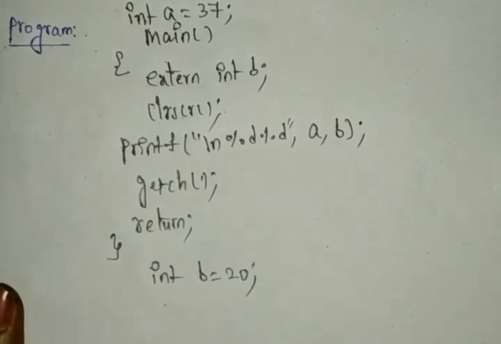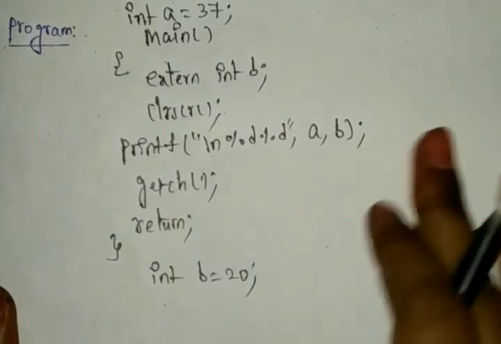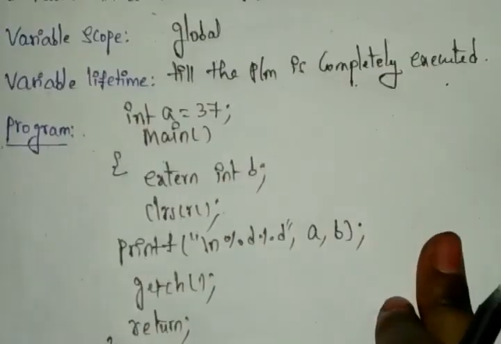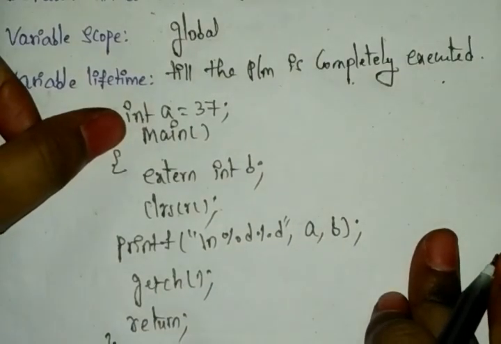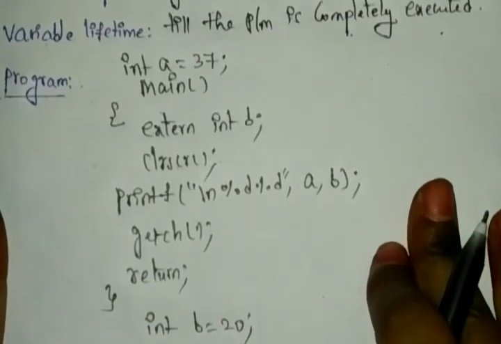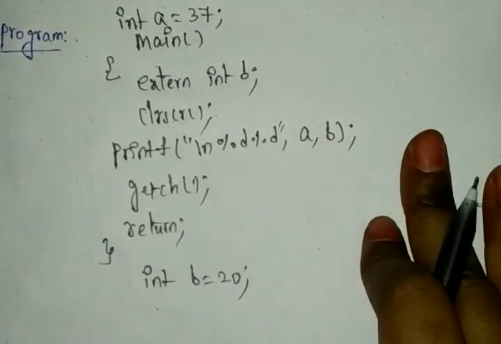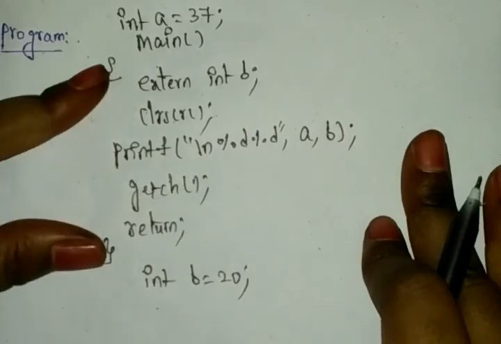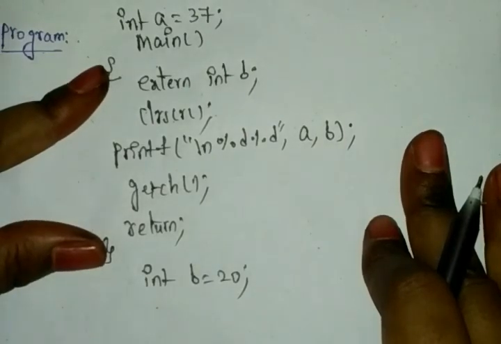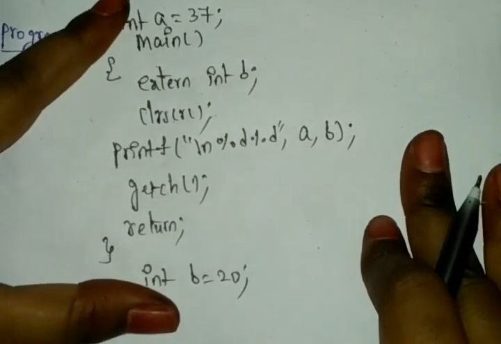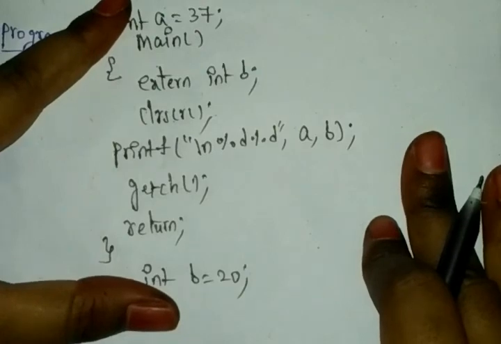Now our program is completed. You can see clearly that before we gave a variable value, and after that we also gave a variable value. These two are global type. The main function will be executed, but these two are accessing our global variables.